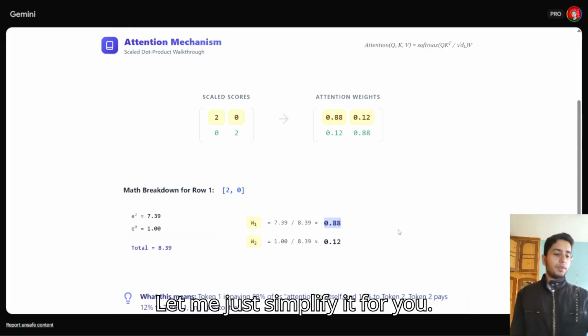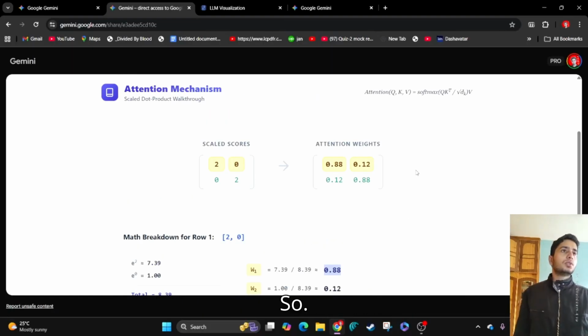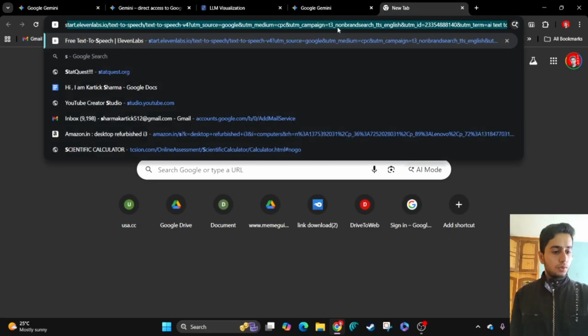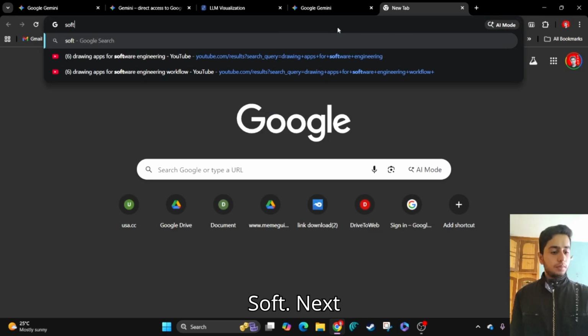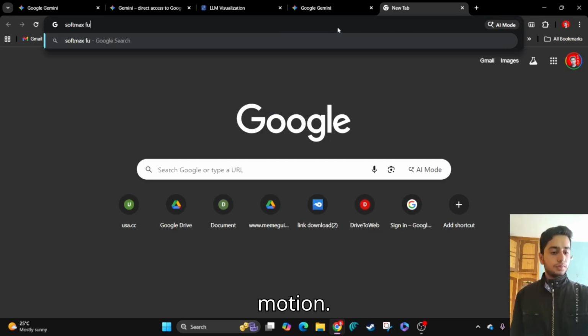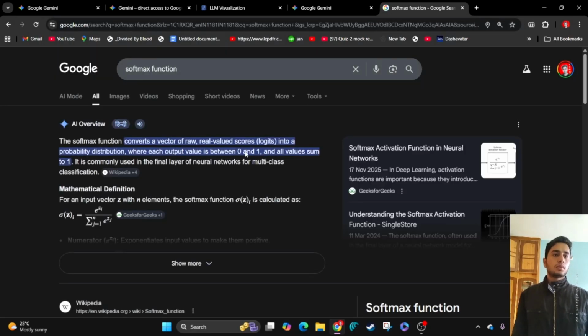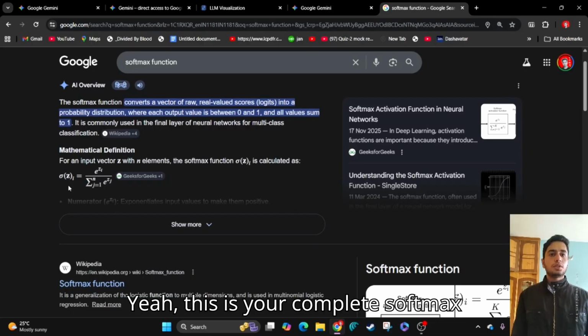Let me just simplify it for you. This is your complete softmax function. It is nothing complicated.